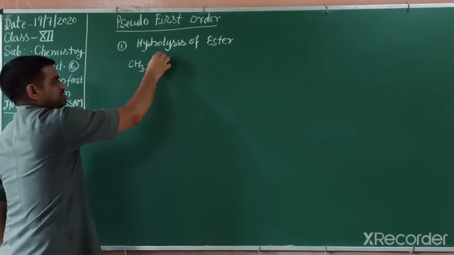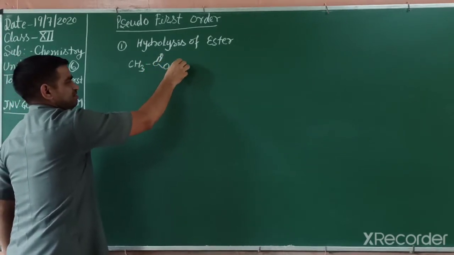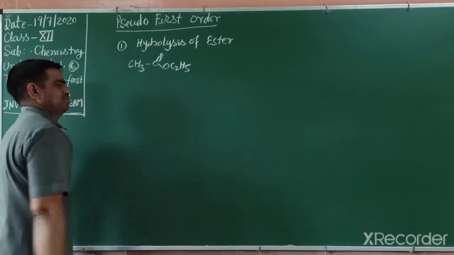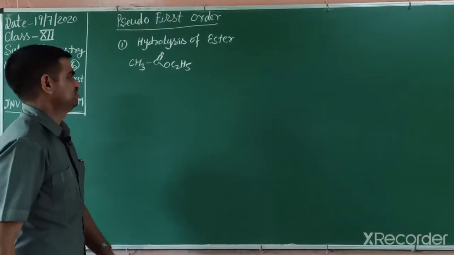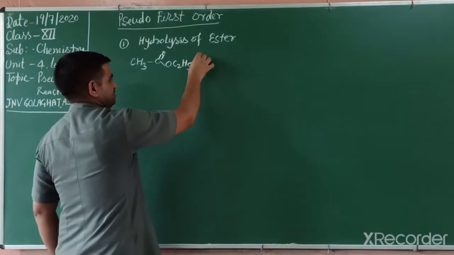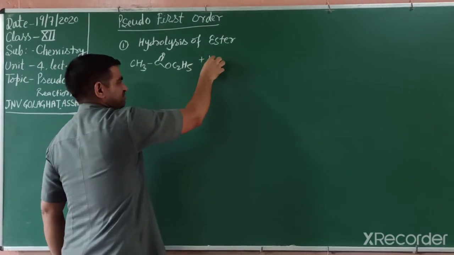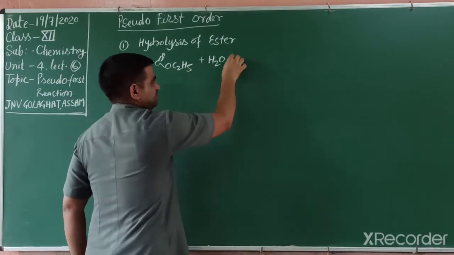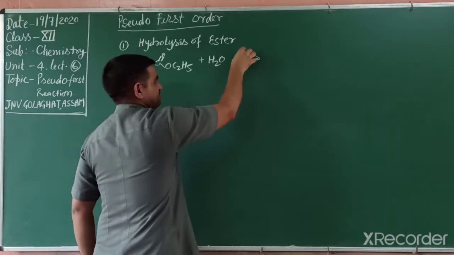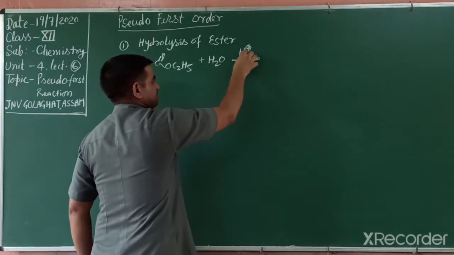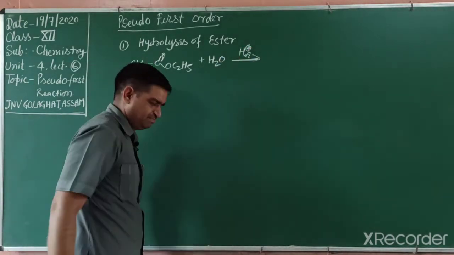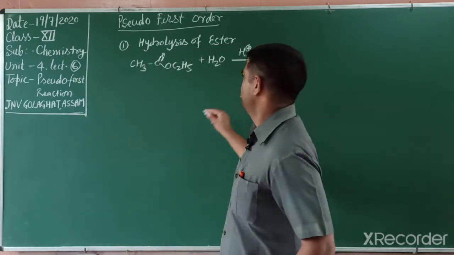We can write it in this way, ethyl ethanoate, or we can write ethyl acetate. When it is hydrolyzed, dissolved in water in presence of acidic medium, it changes into this.